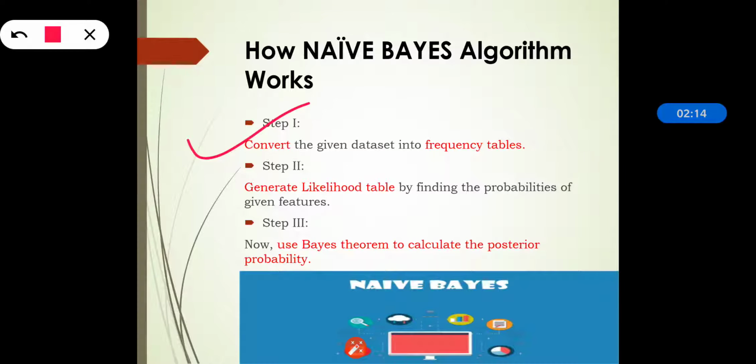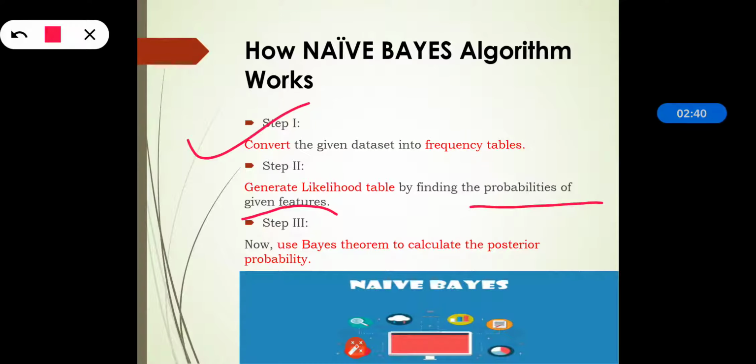Now we are finding the likelihood table by finding the probabilities of the features. Whatever features we have considered, according to that we have to find the probabilities, and that will be stored in the likelihood table. So that we will generate in step 2.